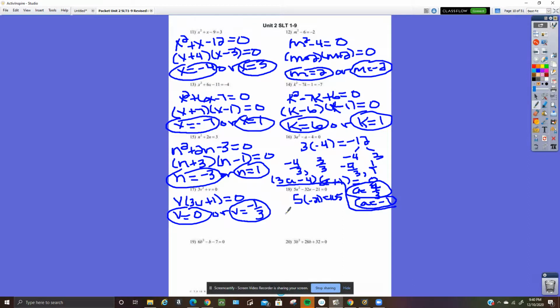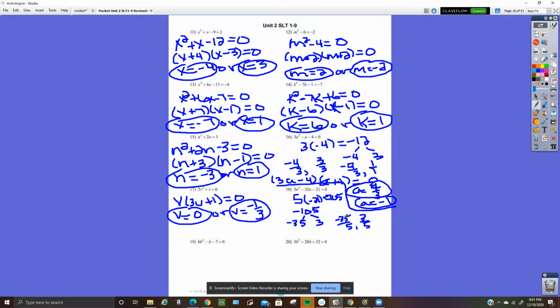And then the factors of -105 that give you a -32 are -35 and 3. Then you want to do -35 divided by 5 and 3 divided by 5.